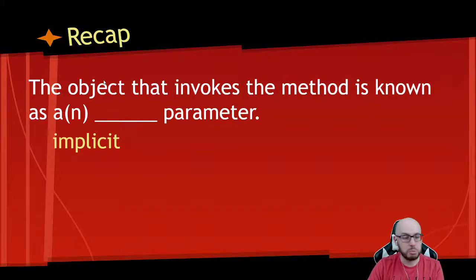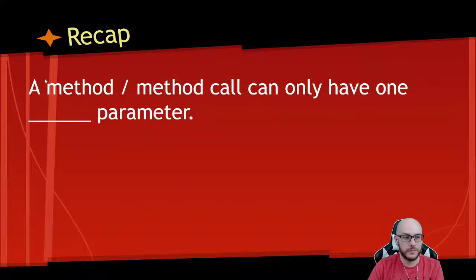Primitive data types don't have methods. Primitive data types can't call methods. What this means is that an implicit parameter will always be an object, always, right? Only objects can call methods. So the implicit parameter is always an object. A method call can only have one blank parameter. Implicit is our answer here.